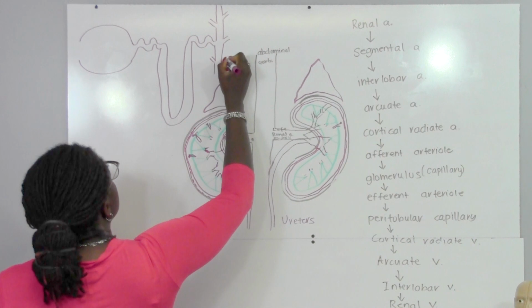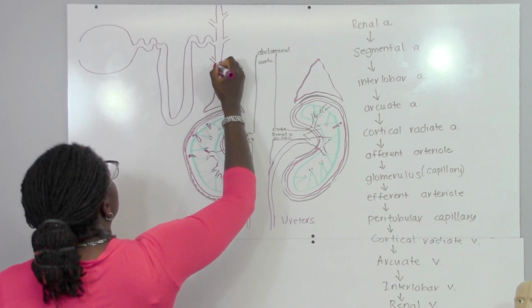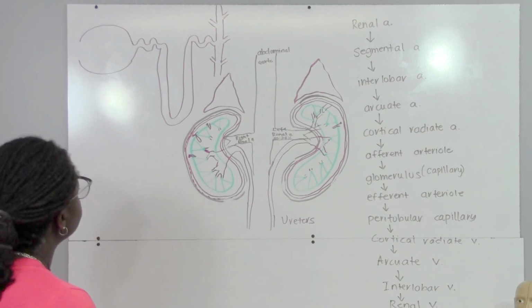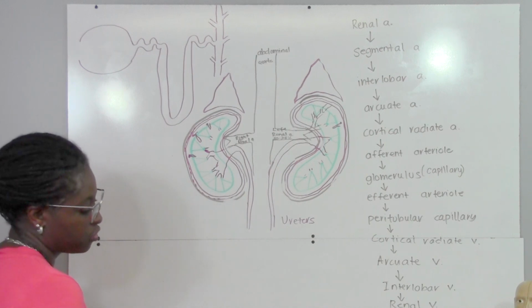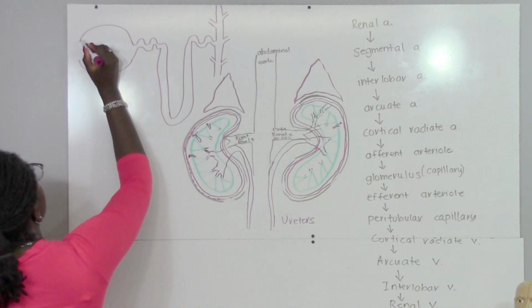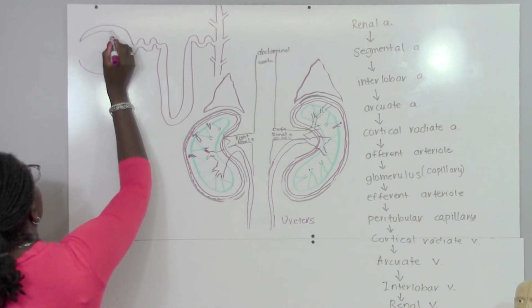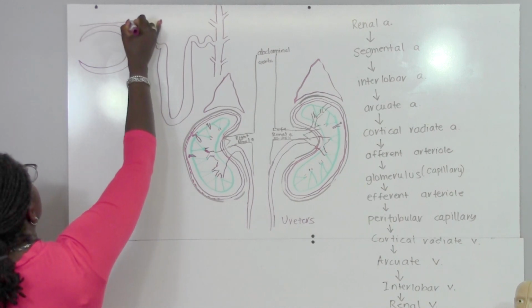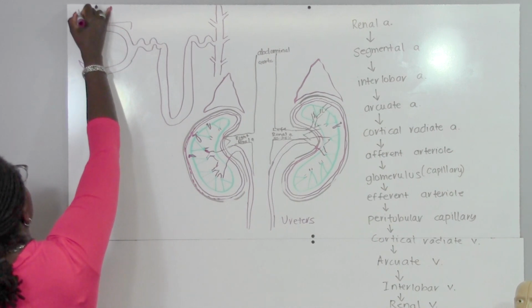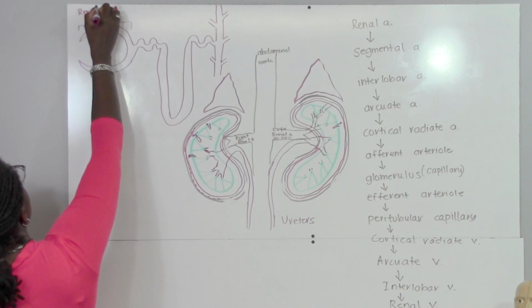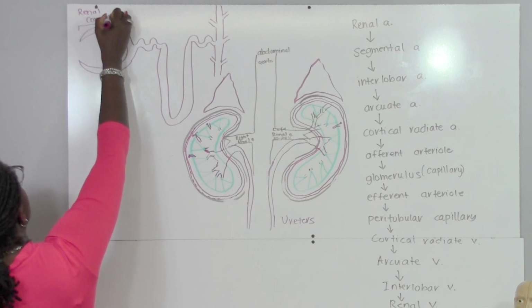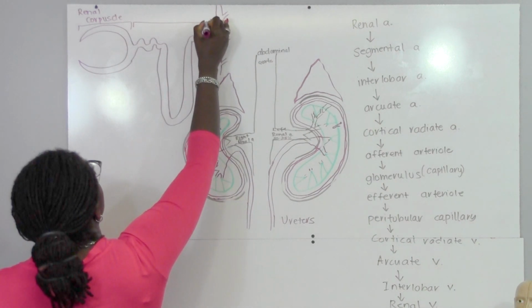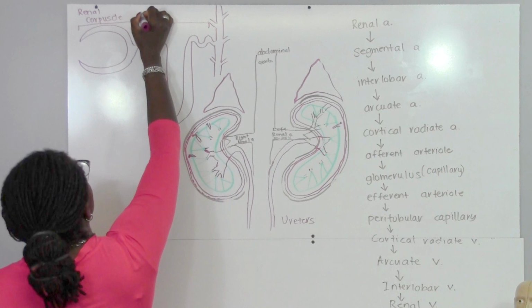And they are found primarily in the cortex portion of the kidney. So this is the nephron. The nephron is made up of 2 parts. They are this portion, which is called the renal corpuscle, and this portion, which is called the renal tubule.